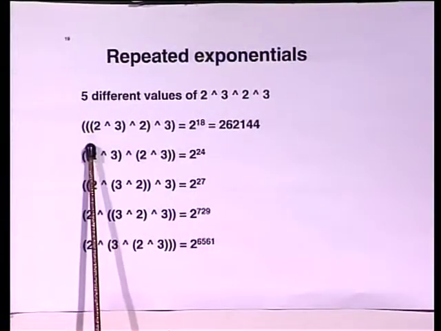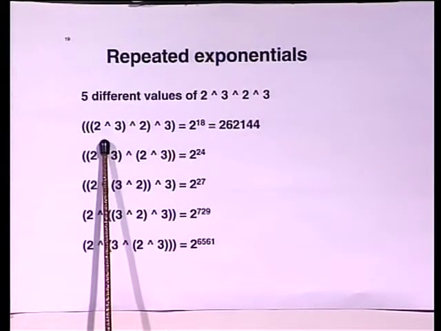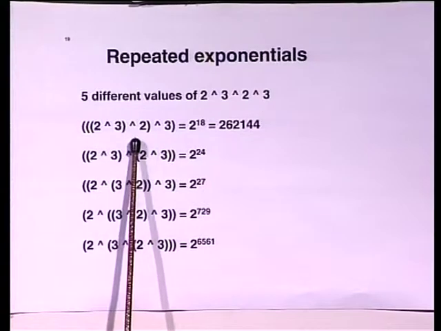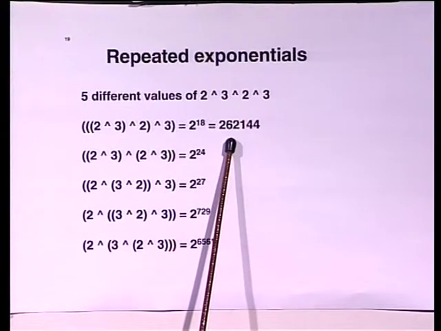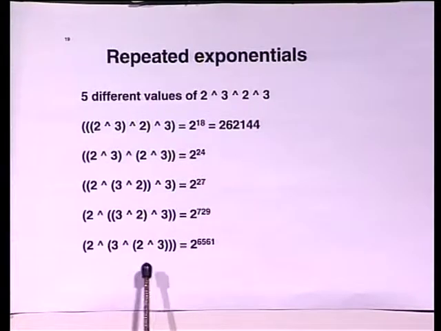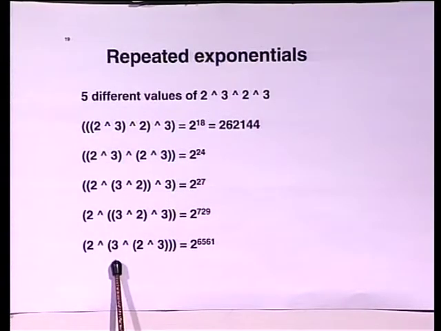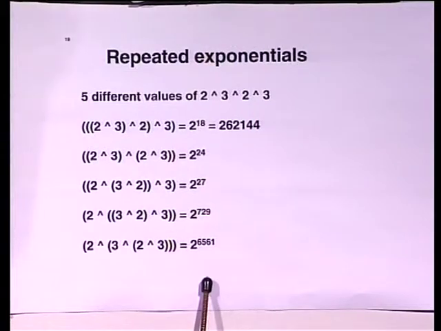In this case, the brackets tell us that we are working out 2 to the power 3, which is 8, then 8 squared, which is 64, and 64 cubed, which is 262,144. Whereas down here, the brackets tell us that we're working out 2 to the power 3, which is 8, 3 to the 8, which is 6,561, and then 2 to that power, which is such a large number that I can't represent it on this diagram.